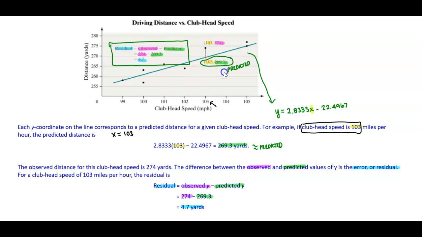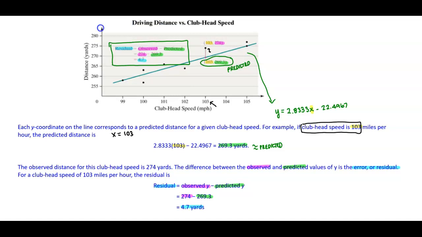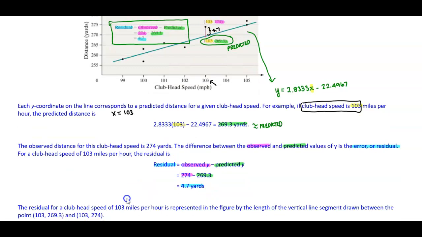This value right here represents 4.7, because that is the distance between 274 and 269.3.